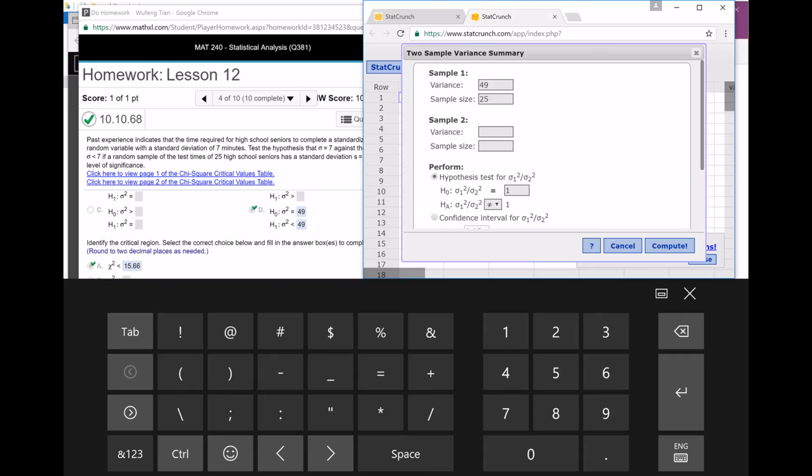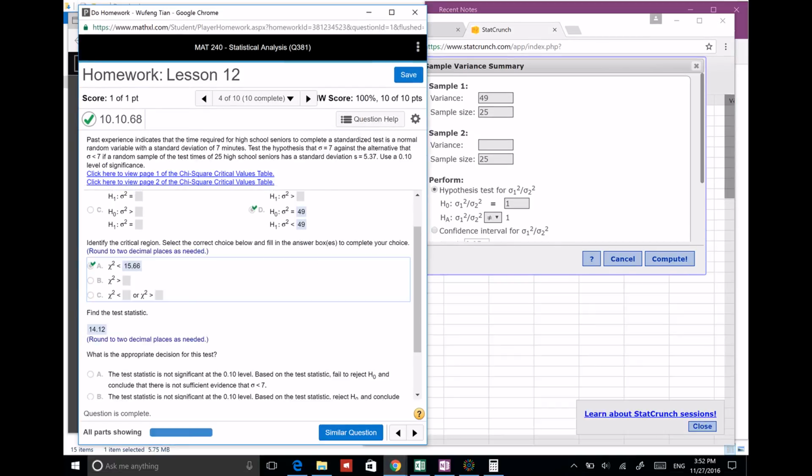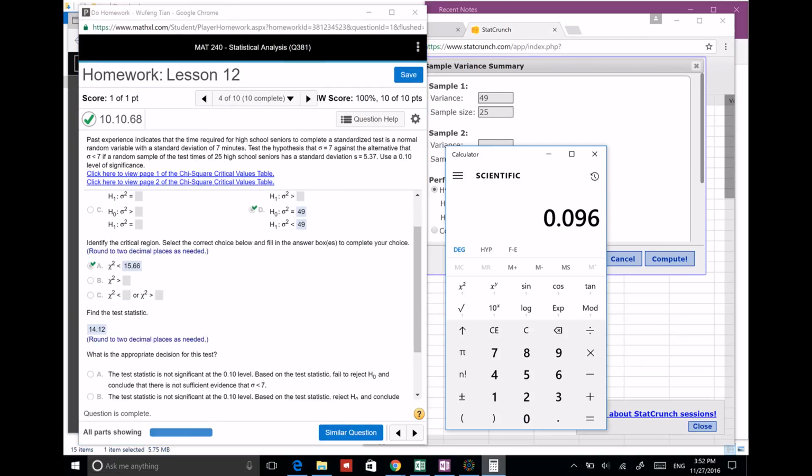The variance is s squared. S is 5.37, so 5.37 squared is 28.8369.